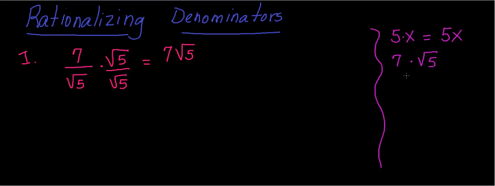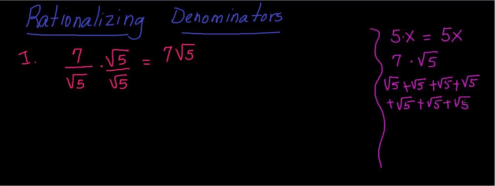So I'll have a square root of 5 plus another square root of 5 plus another square root of 5 plus another one, 7 times, plus another square root of 5, like that. And that equals 7 square roots of 5. Okay, so 7 times the square root of 5 is 7 square roots of 5. That's the numerator. In the denominator, I have square root of 5 times the square root of 5.